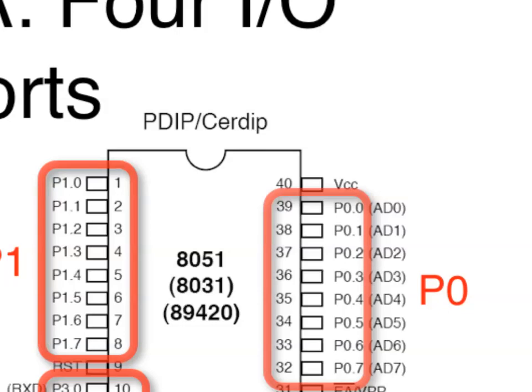So it's something in parentheses, right? So instead of its primary function, like P0.1, it also has a secondary feature in parentheses. Okay? So that's something to pay attention to and think about.